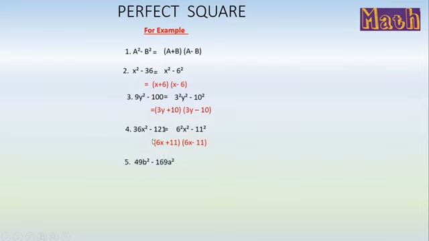Let's take the next example: 49b squared minus 169a squared. 49 is a perfect square and 169 is a perfect square. Being separated by a negative sign, it becomes a difference of two perfect squares. 7 times 7 is 49, and 13 times 13 will give me 169.